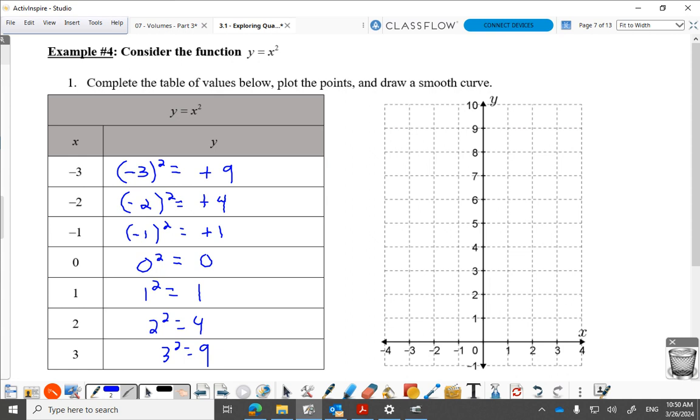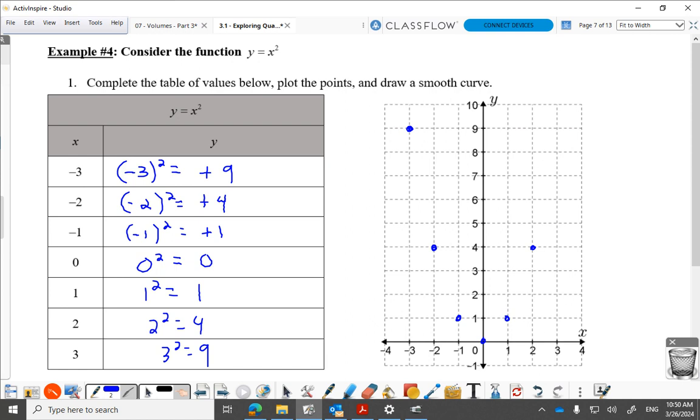So let me graph that on here. My points were -3, +9, -2, +4, -1, +1, 0, 0, 1, 1, 2. Look how fast I'm going in the second half. Oh, stop for a minute, Mr. Todd, and tell them about that. Once I get to the second half, I'm just doing the matching points on the other side because this parabola, all parabolas are very symmetrical.